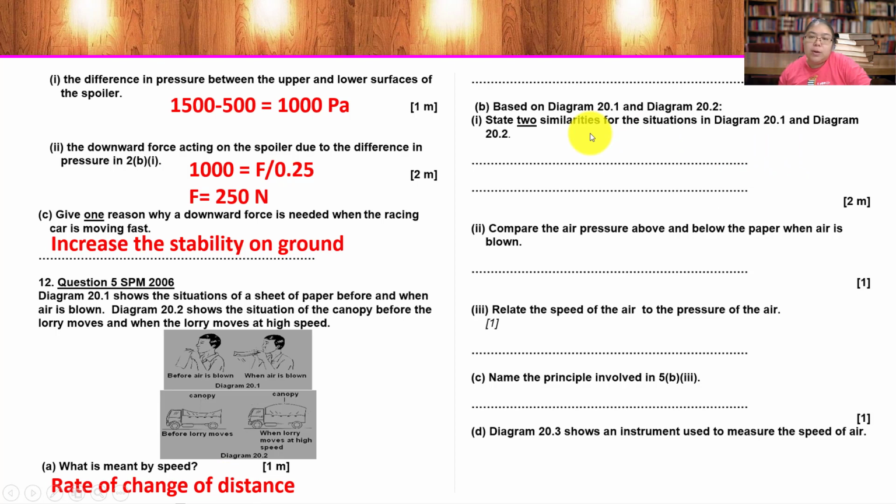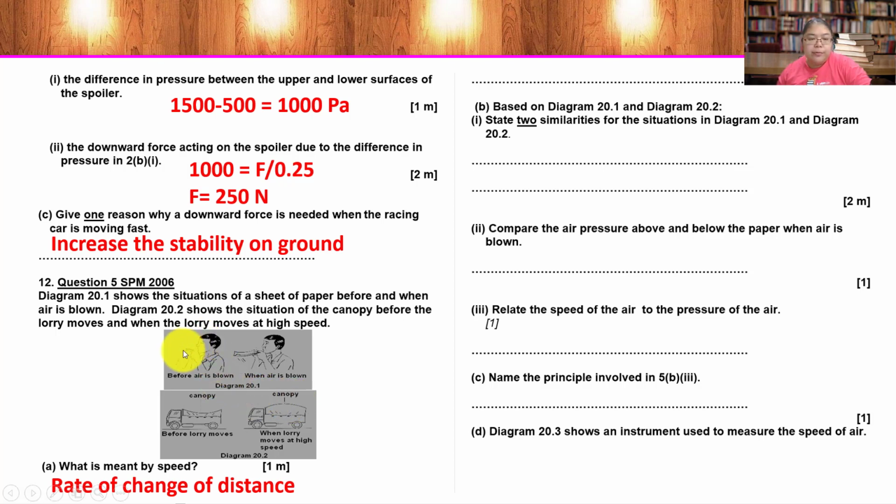B. Based on diagrams 20.1 and 20.2, you need to state two similarities. What can you see? First, I can see that the paper and also the canopy will lift up when the air starts to move.